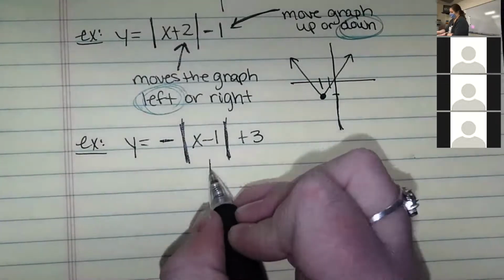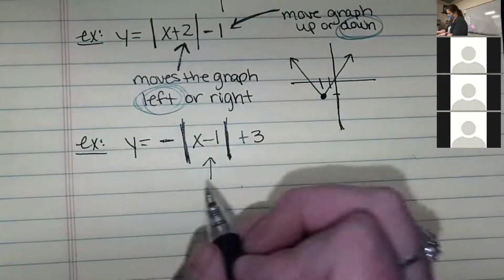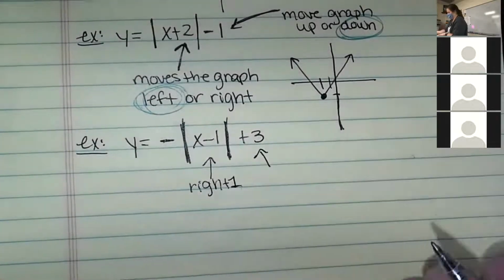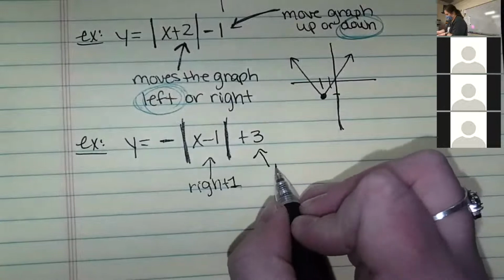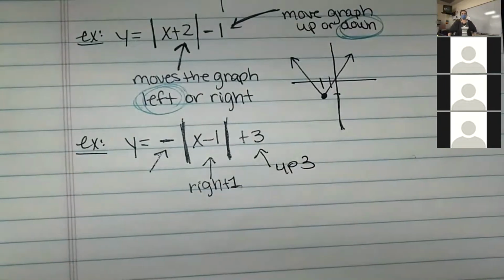Well, we know this inside is going to make it move left or right, and if it's a minus, it does the opposite, so it's going to move it right 1. We know that much. And this plus 3 is going to make it go up 3. Oh, no. But what about this negative on the outside? What am I supposed to do with that? Nothing. I wish it was nothing.